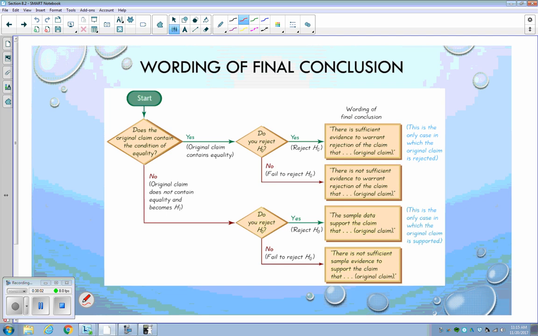Did the original claim have equality? Yes. Did we reject?